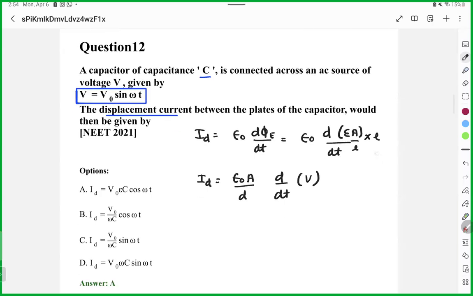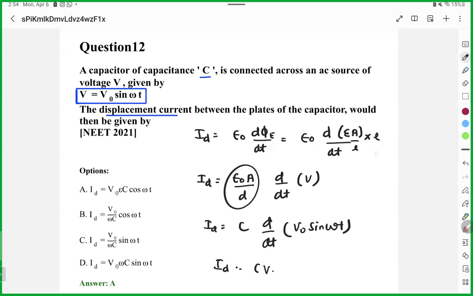So displacement current is epsilon naught A by d, which is equal to capacitance, times dV by dt. The potential is V naught sin omega t. What is the differentiation of sine? Cos. The common value, epsilon naught, will come out, so C V naught will come out, omega will come out. Sine differentiation is cos. Done.